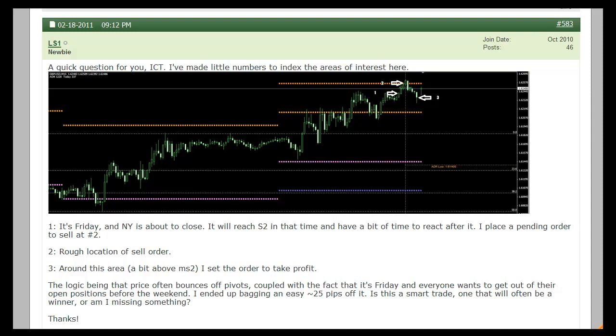We can see R1 and R2 present resistance, and sometimes it does present opportunities to get a couple pips, but I would advise you not to do this, because while you were profitable here, it's very, very high risk. And a lot of times what will happen is when markets move like it did on Friday, the last hour or so, the banks will really dogpile and throw the market up really, really high, because retail traders are doing just what you're doing here.